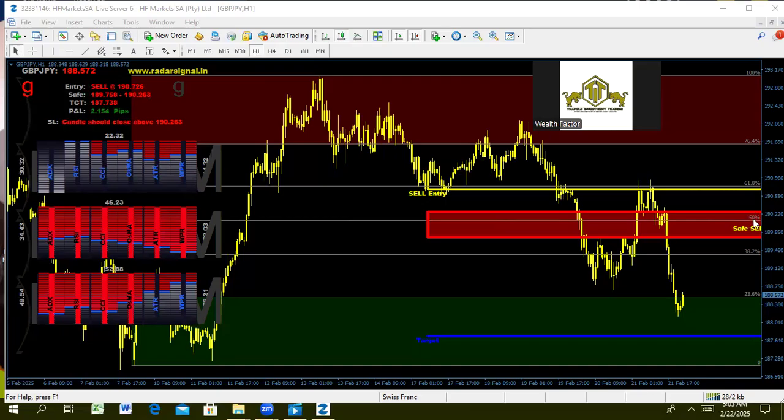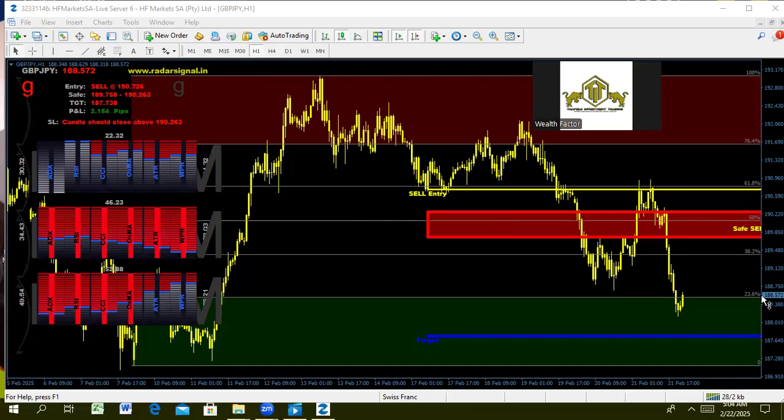It's either at 50% the market is going to retrace or the market is going to have a breakout. So we are not 100% sure that the market is going to respect the 50% zone. But 61.8 and 38.2 are our major levels where we can have our good entries.